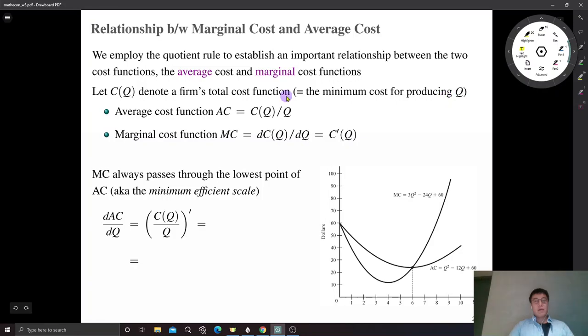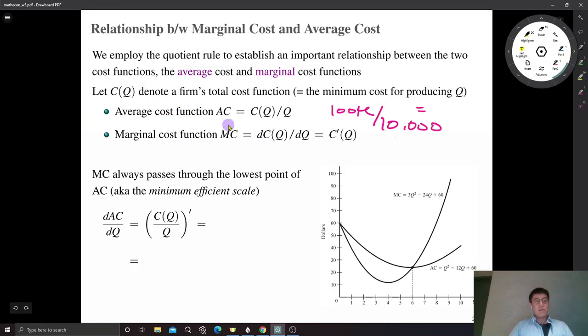So if total cost is 1 million, so I need $1 million to produce 10,000 units, then the corresponding average cost is going to be this quantity. It tells us, by producing just 1 unit, what is the cost on average?